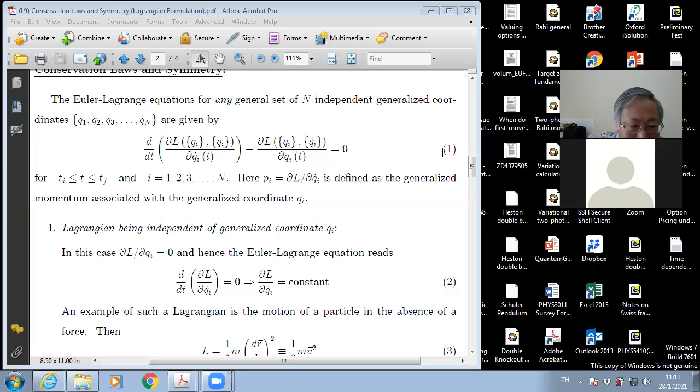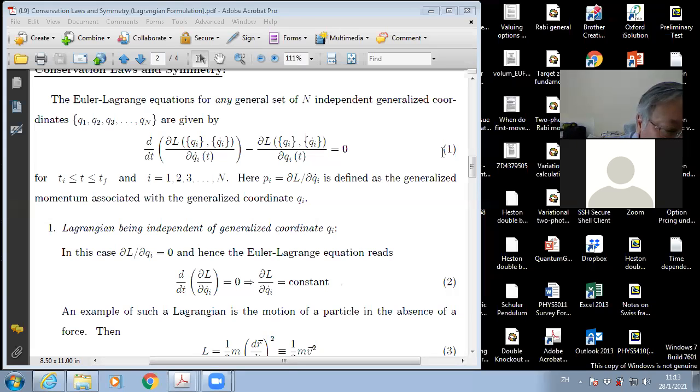So this is very important in the Lagrangian formulation. Generalized coordinates in fact represent the fundamentally independent variables of the system.